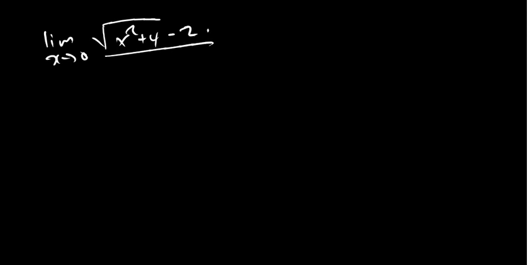J is saying limit as x approaches 0 of the root of x squared plus 4, and then minus 2, over x squared.